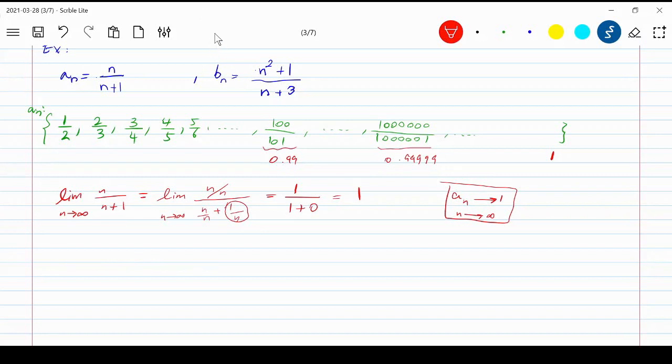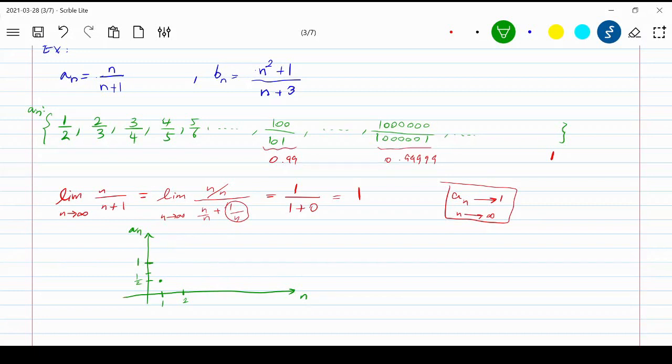And you can look at these numbers on a graph. You cannot draw it continuously. What you can do is, let's say this is n, and this is a_n. If n is 1, we get 1/2, so we have this point (1, 1/2). If n is 2, we have 2/3, so 2/3 somewhere there.